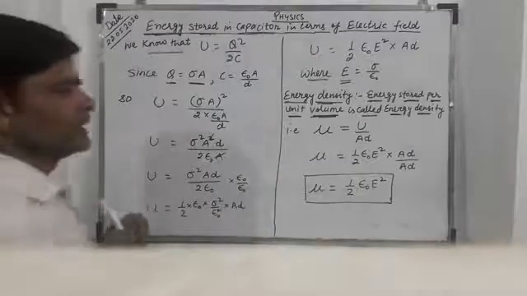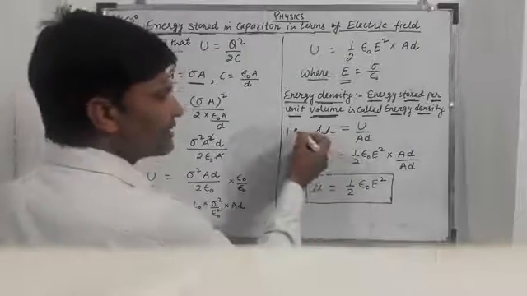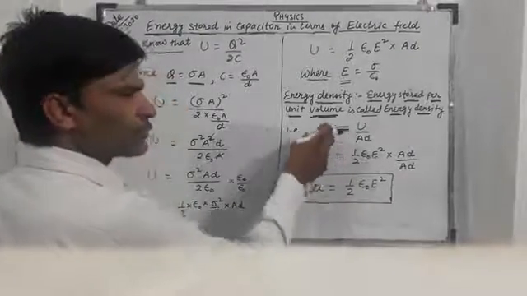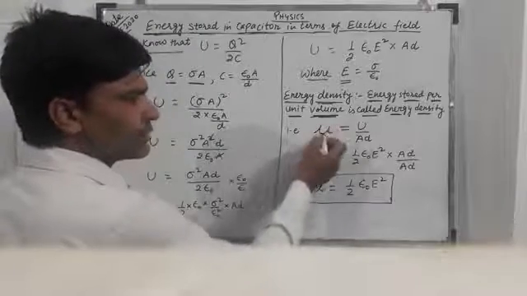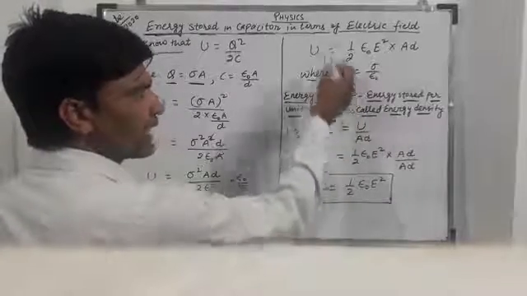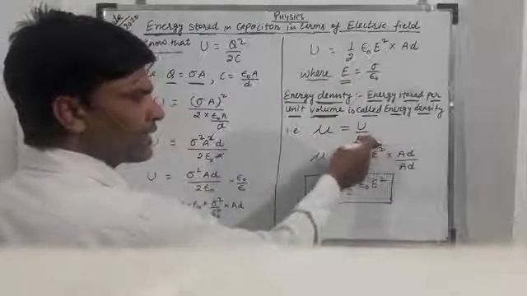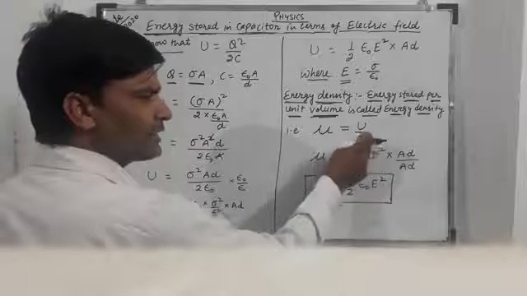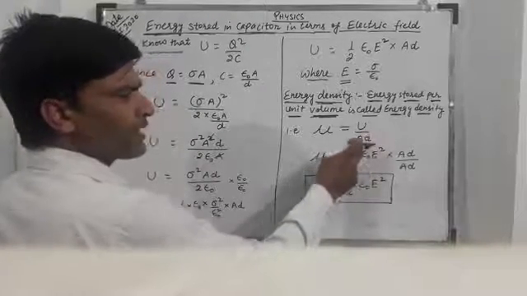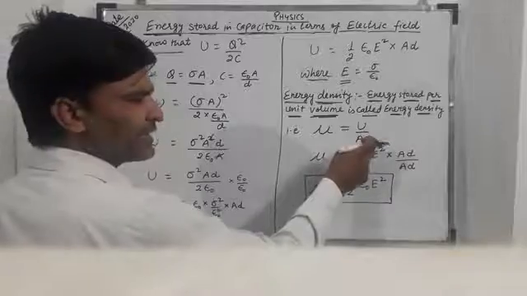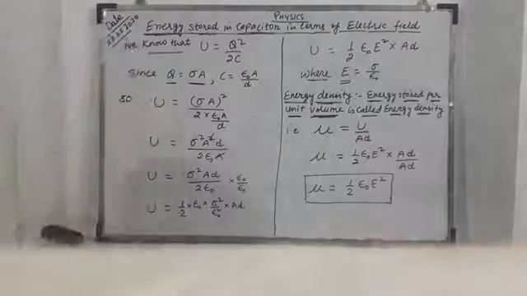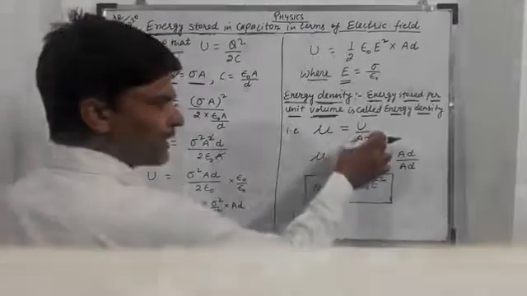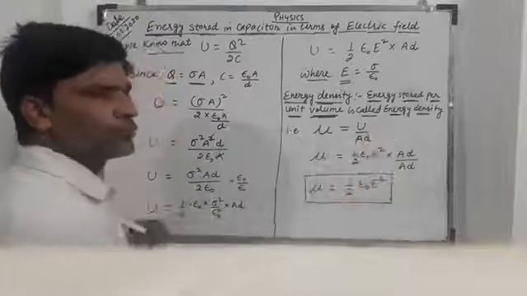It is represented by small u, that is u is equal to capital U upon A d. A d is the volume, A is area and d is length, so A d is the volume.